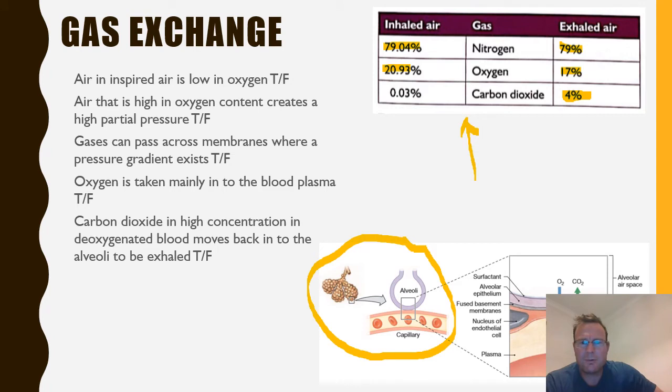And the way it moves is that as air enters the alveoli, it's in a very high concentration. Oxygenated new air has lots of oxygen in it, so it creates what's called a pressure gradient.